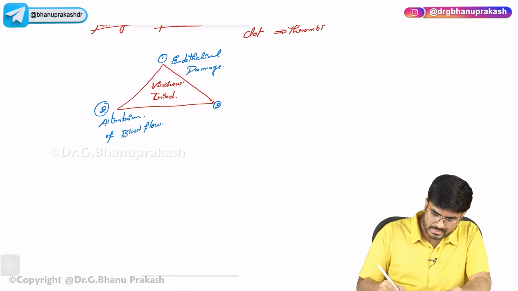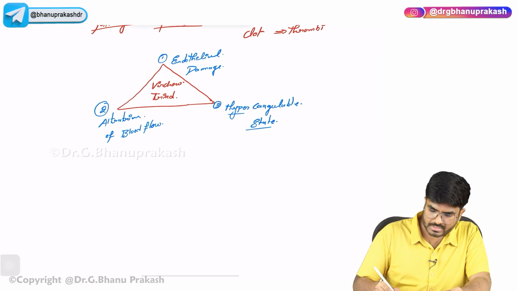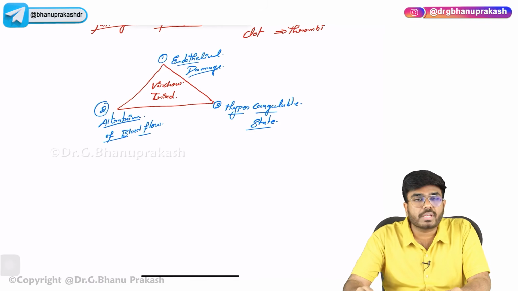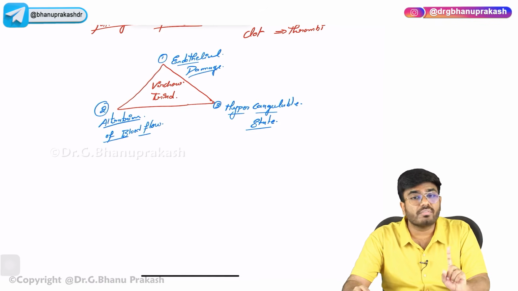Third is hypercoagulable states. These are the three conditions in which you can have abnormal formation of thrombi within the blood vessel, even without damage to the vessel.